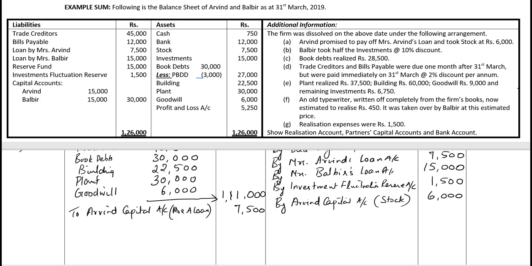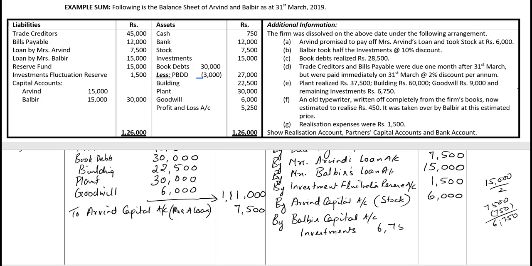Point B, Balbir took half the investments at 10% discount. So by Balbir capital account, investments. Half of the investment is 15,000 rupees divided by 2, 7,500 minus 10% discount, 750 rupees. So it's 6,750 rupees.